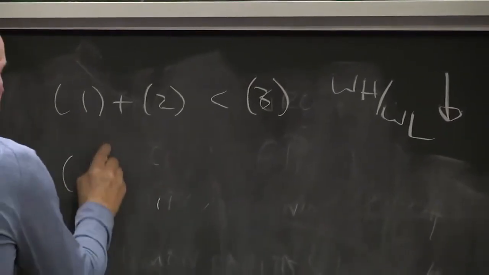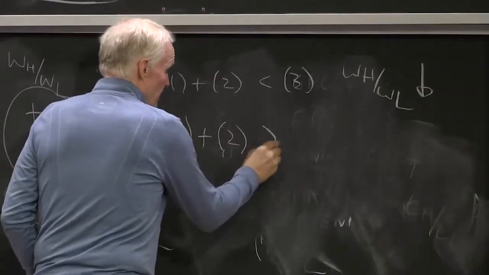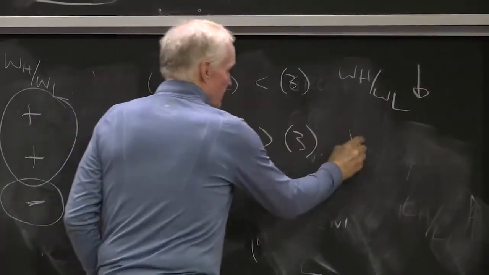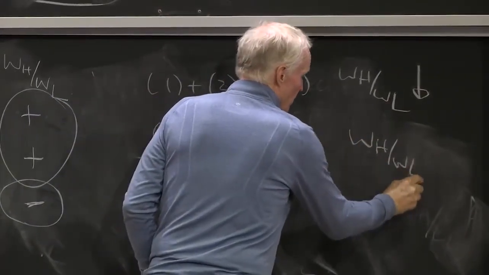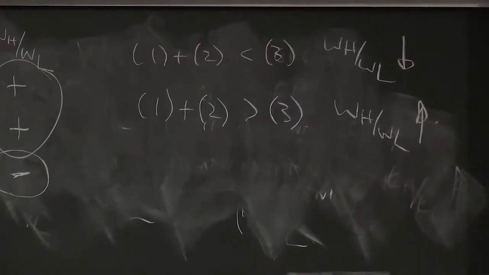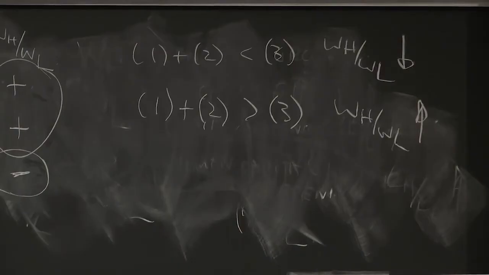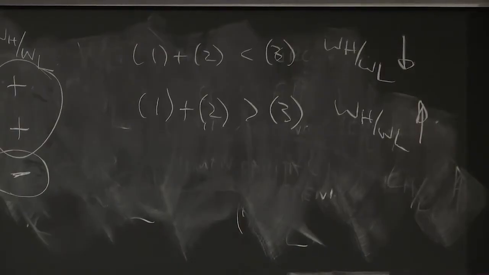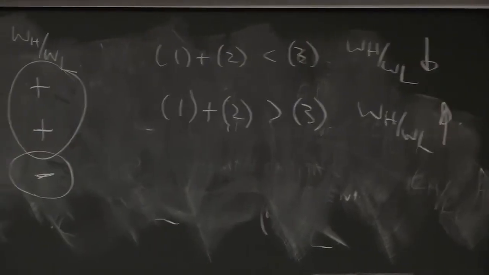If 1 plus 2 is greater than 3, WH over WL is going to go up. That's the way I look at it. It's a race between the supply responding fast enough to keep the return to high-skilled workers down to its old level.